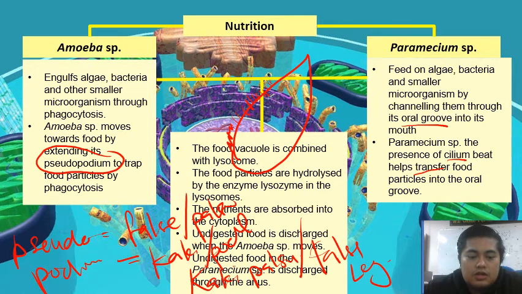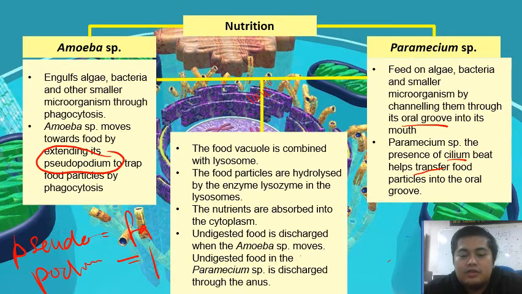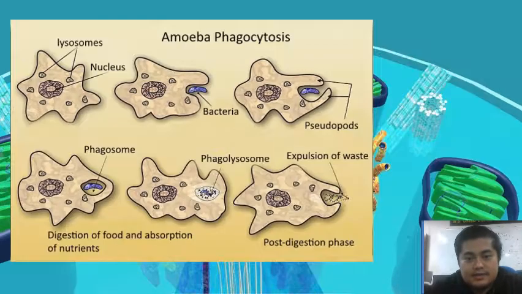So selepas berlakunya semua tu tadi, apa akan jadi pula lepas tu is that the food vacuole is combined with the lysosome. So the food particles are hydrolyzed by the enzyme lysozyme in the lysosome. So the nutrients are absorbed into the cytoplasm. The undigested food is discharged when the amoeba moves, and for the paramecium it will discharge through the anus.